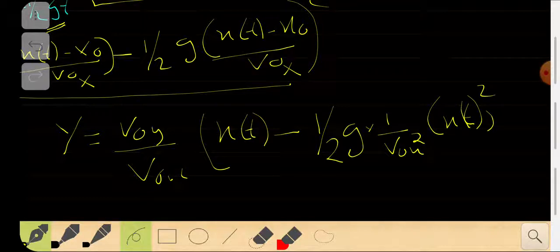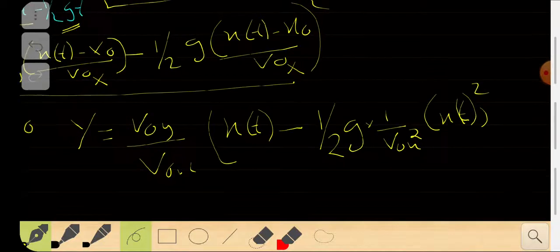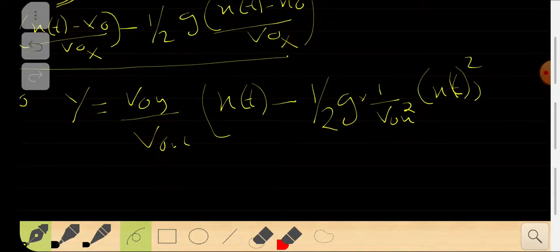If you substitute the x0 and y0 as 0 into that equation, that's what you get out of that.